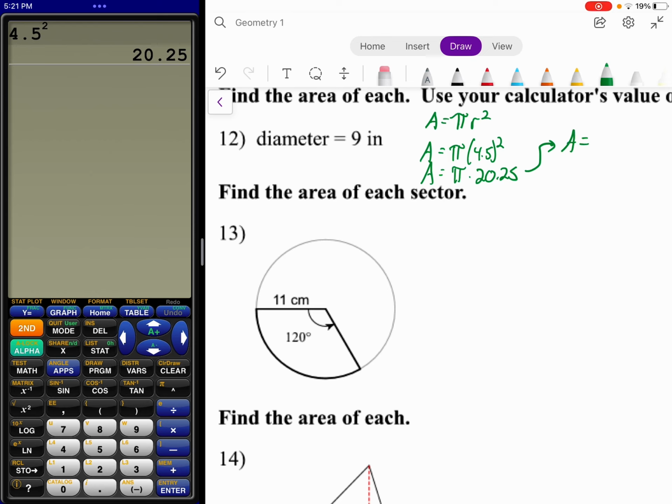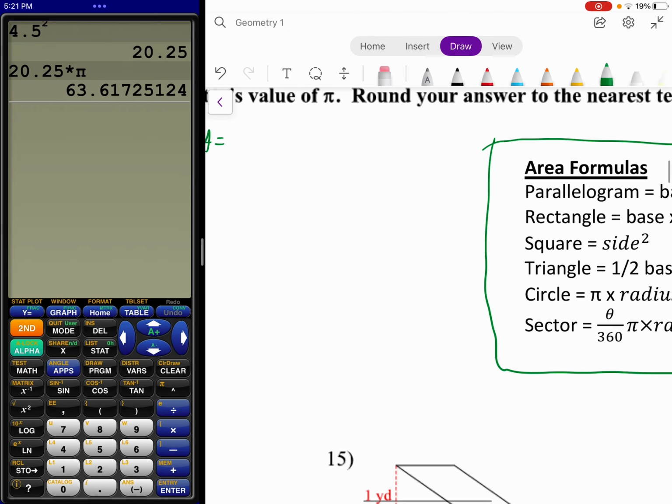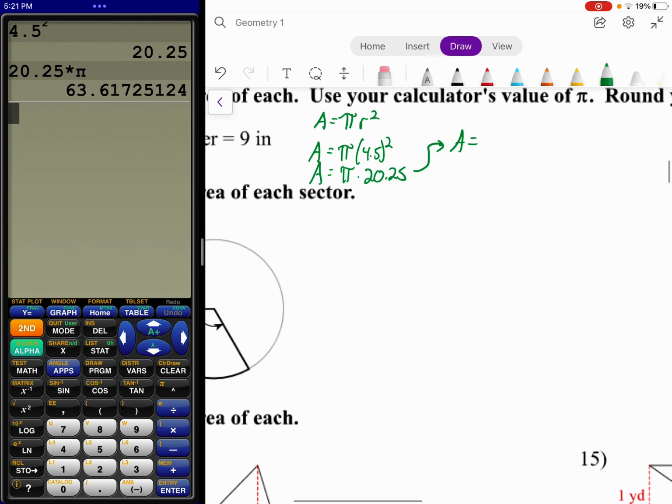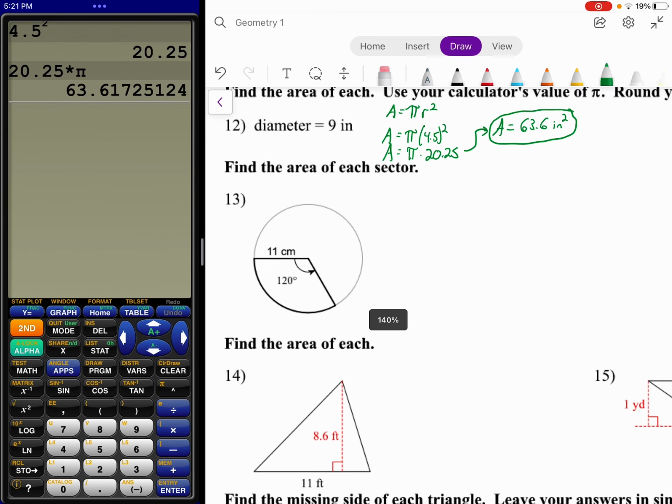So area equals 20.25 times pi. And we get 63. Round your answer to the nearest tenth. So 63.6 inches squared. That's the area of a circle that has a diameter of 9 inches.